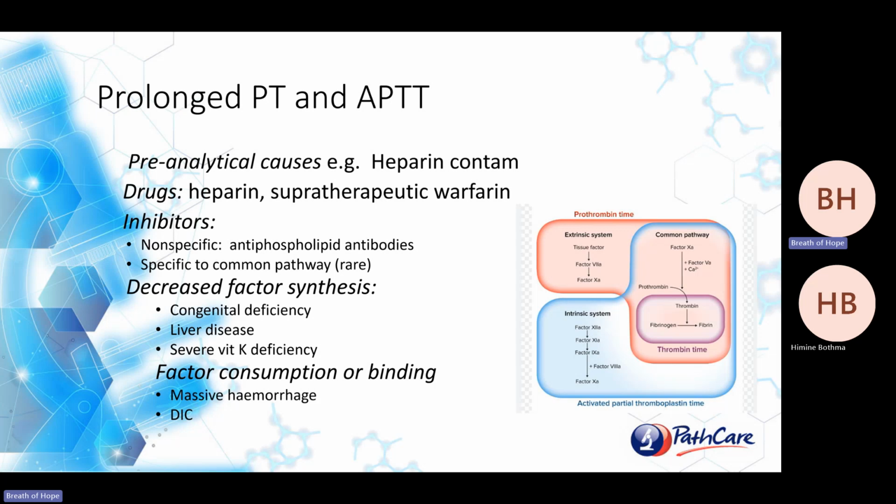If you were expecting it, things that are involved here are drugs, heparin, supratherapeutic warfarin, and then inhibitors, which can be non-specific like antiphospholipid antibodies, and specific to the common pathway, which are rare. Reduced factor synthesis, so either congenital deficiencies, liver disease, or vitamin K deficiencies, and then factor consumption or binding, which will be massive hemorrhage or DIC.